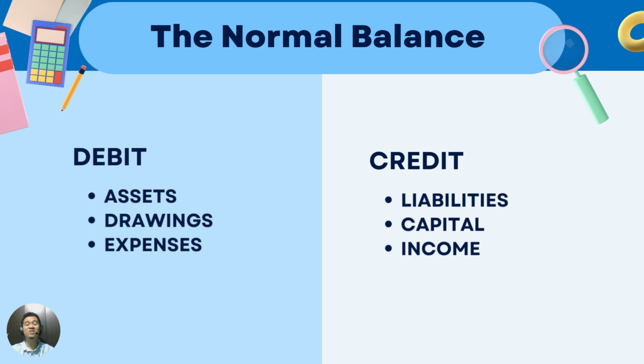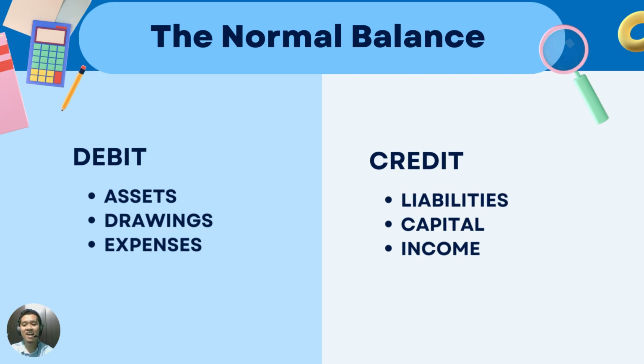Now, let's proceed to what is a normal balance. So, a normal balance is the side of the T account where the balance is normally found. So, when an amount is accounted for in its normal balance side, it increases that account. On the contrary, when an amount is accounted for in the opposite side of its normal balance, it decreases that amount.